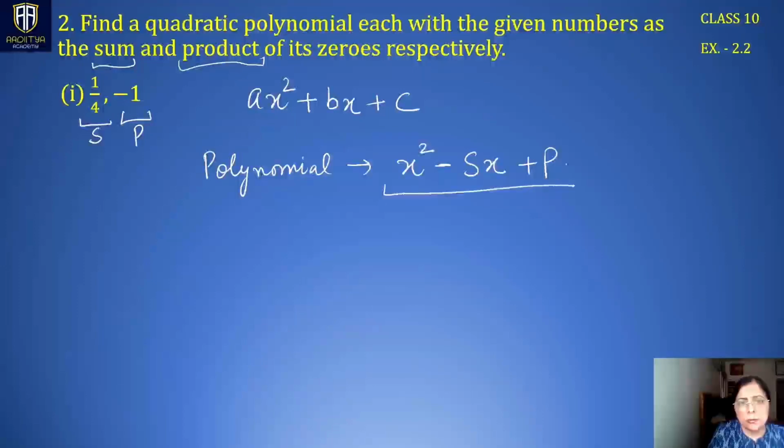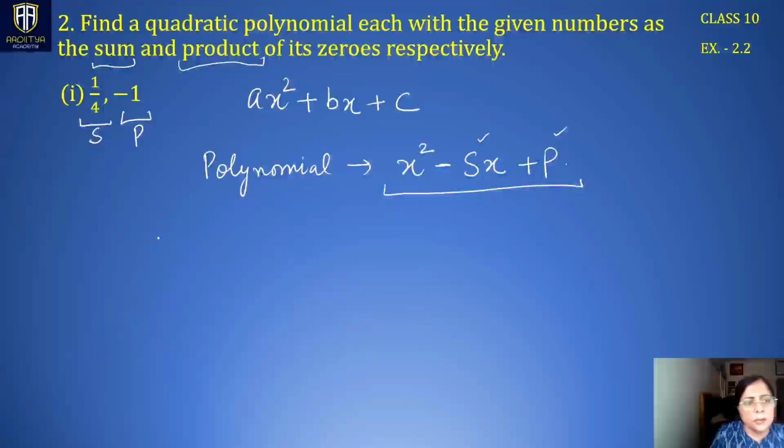This is the simplest form in which you can make a quadratic polynomial if the sum of the zeros and the product of zeros are given to you. So in all the parts of this question, we are given the sum and the product of the zeros. We simply have to construct the polynomial, so we can do that by using this format.